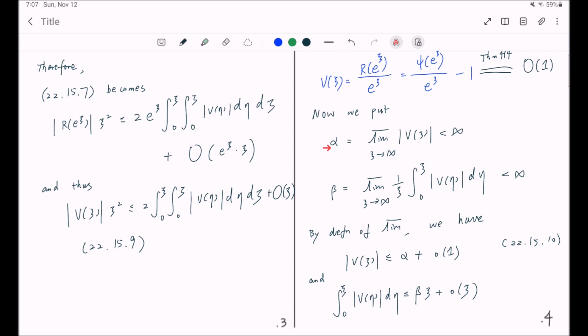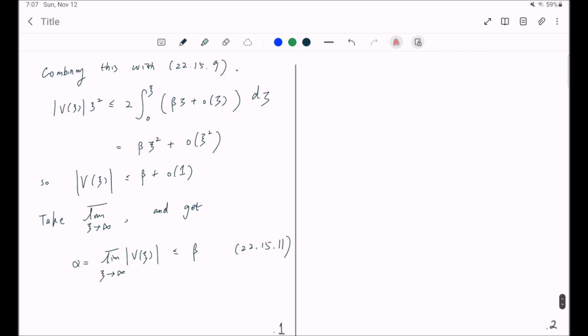Once we show alpha equal to 0, we are done. Later, we're going to assume by contradiction that alpha is not 0, namely alpha is bigger than 0. And we will conclude that alpha is bigger than beta, contradicting this conclusion here. That is the plan to finish the proof of the prime number theorem.